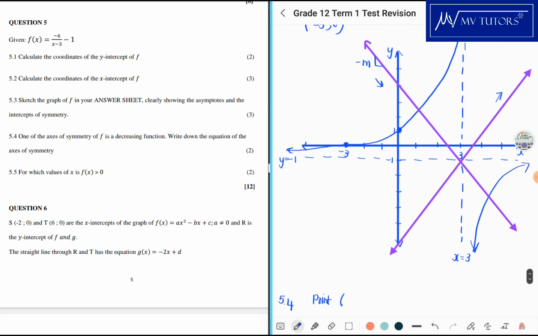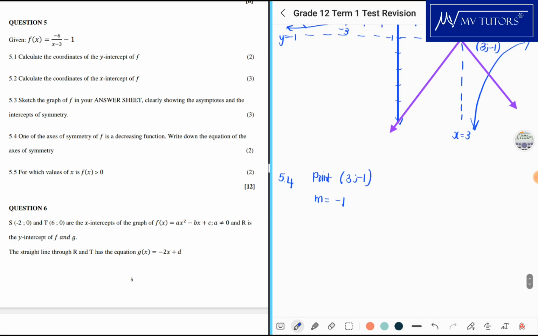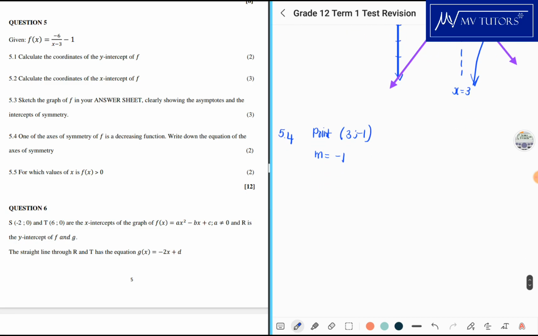And what point can we use? Remember that your axis of symmetry actually crosses where your asymptotes intersect. And where do they intersect? They intersect at x is equal to 3 and y is -1. So you have your point of (3; -1) and your gradient.